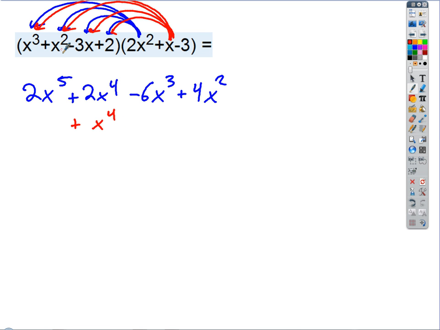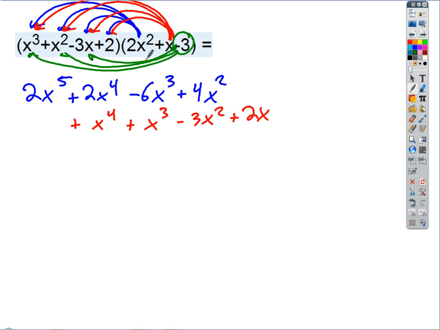X times x squared. X cubed. Plus x cubed. X times negative 3x. And then finally x times 2. 2x. Okay, and then last one, if I take that negative 3 and distribute that all the way through, negative 3 times x cubed, negative 3x cubed.